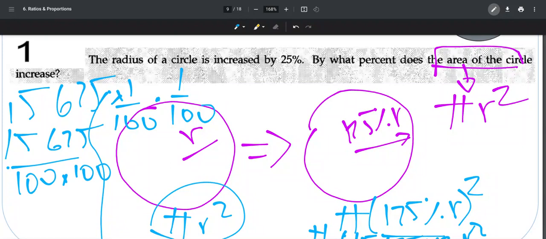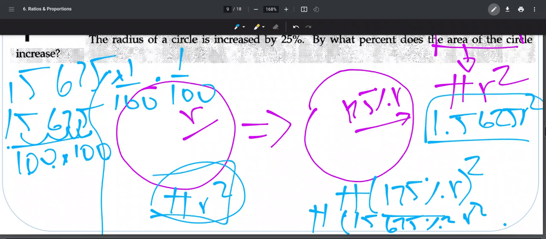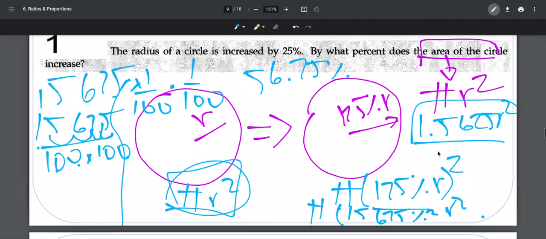So it means I'm cutting 1, 2, 3, 4 decimal spaces, which means this new area is 1.5625 of the previous area. So when I subtract this new area minus the previous area, I get just the 0.5625, which is equivalent to 56.25%. So the answer will be 56.25%. Okay, copy if you have to copy.